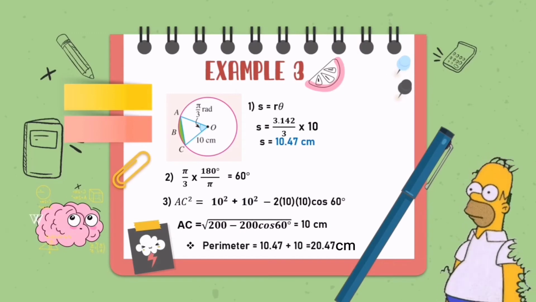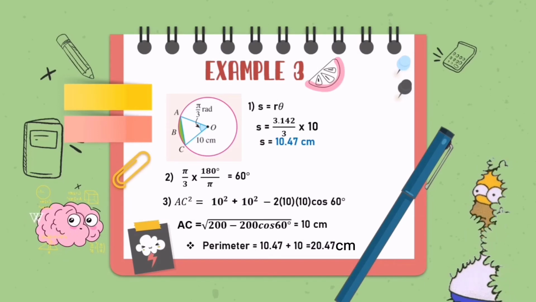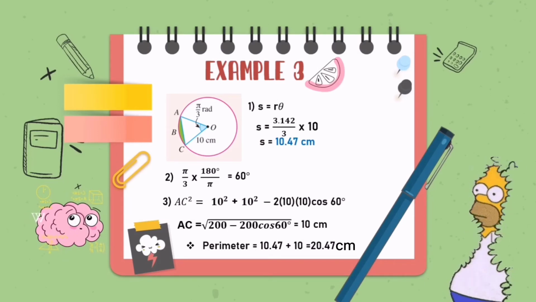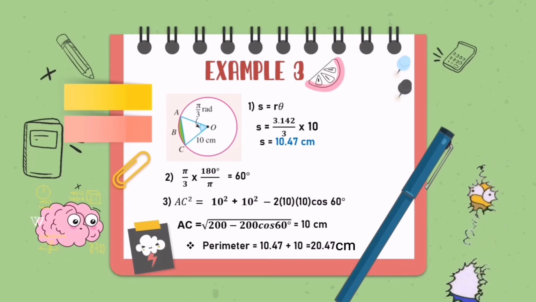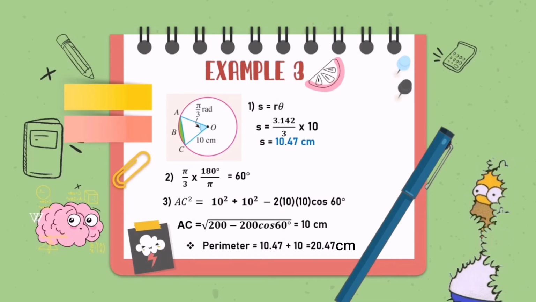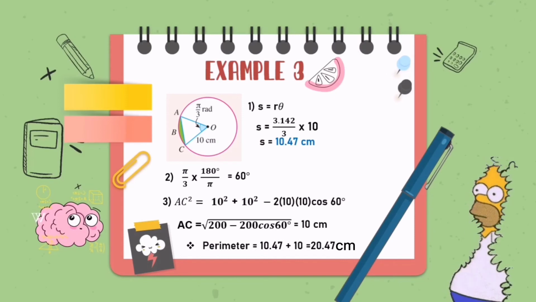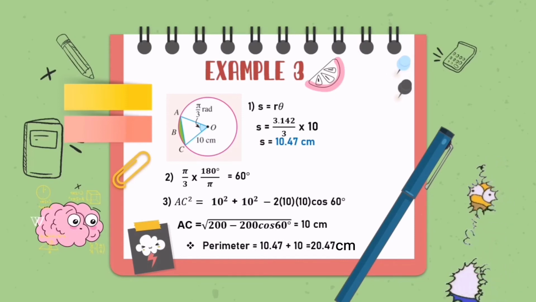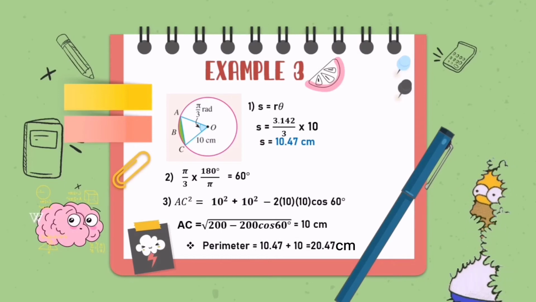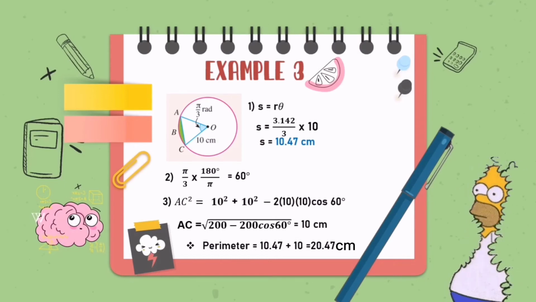Lastly, you need to add both of the values, so you will get 20.47 cm. Don't forget to write the unit. Just a reminder, if you want to calculate the value of the cosine rule by the equation, make sure you press the calculator one by one so that the calculator won't be confused and to avoid getting the wrong answer.